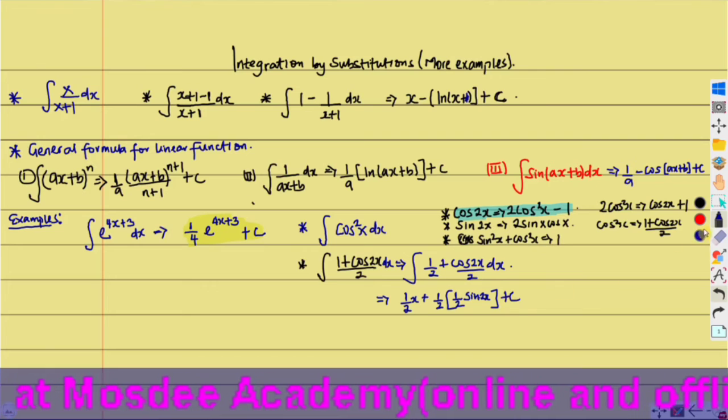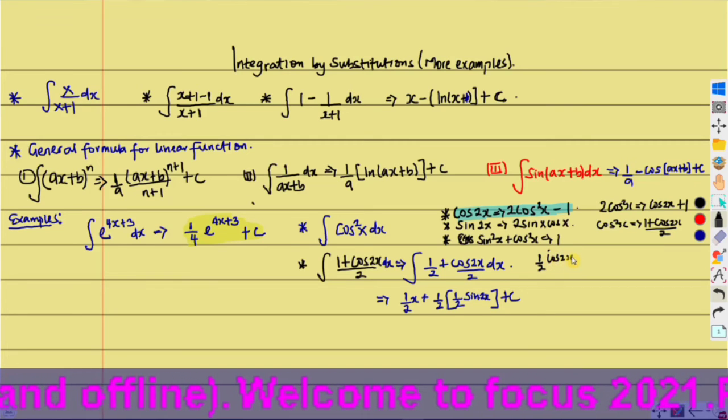So maybe I should take that again for understanding's sake. I integrate 1 over 2, everybody knows it's going to give me 1 over 2x. Here, this expression cos 2x over 2, let me say 1 over 2 cos 2x. What I'm trying to say is that if I integrate cos 2x, from the formula, the coefficient here is 2. That is, I have 1 over 2. And there's another 1 over 2 outside here. So that is why the 1 over 2 is coming outside.